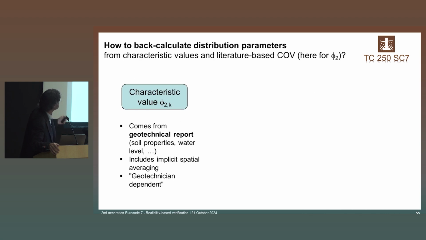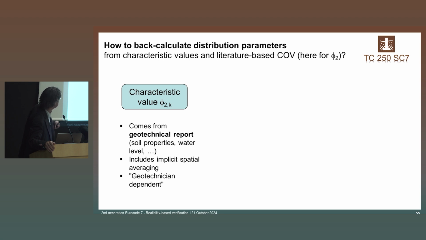How do we back calculate distribution parameters from usually characteristic values, at least with the actual Eurocodes or norms? So from the characteristic value, let's take the friction angle of soil 2, for instance, which I got from the geotechnical report that I got from the geotechnical company.